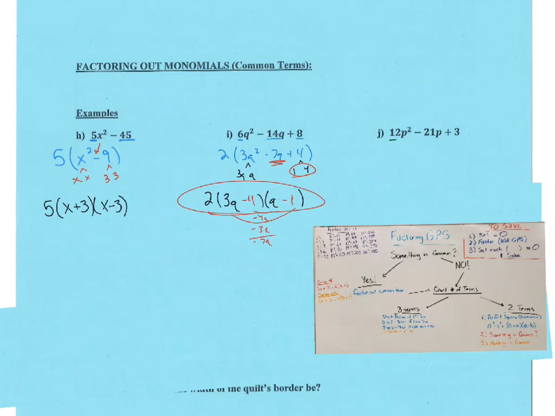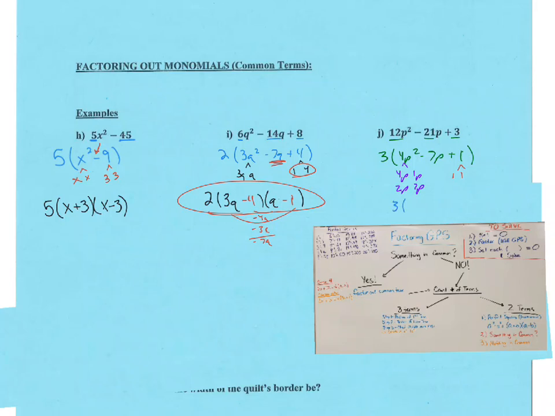So J, look, all three of these are divisible by 3, so I put 3 outside. I have 4p squared minus 7p plus 1. Now I'm going to say it could be 4p and 1p, or 2p and 2p. And the only way to get 1 is 1 and 1. So now I'm going to put 3 outside the parentheses.